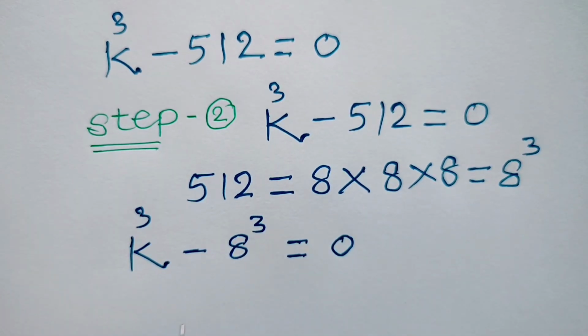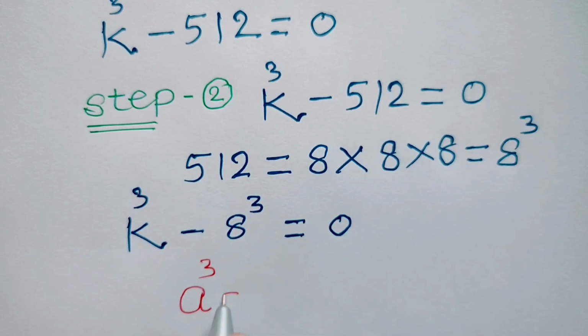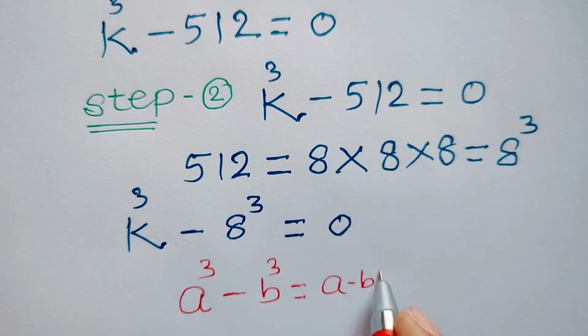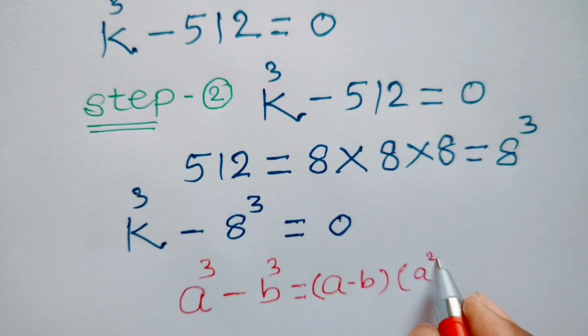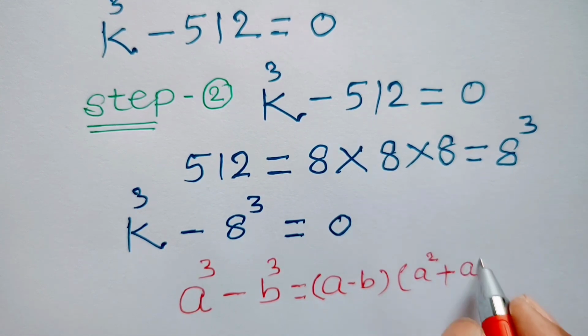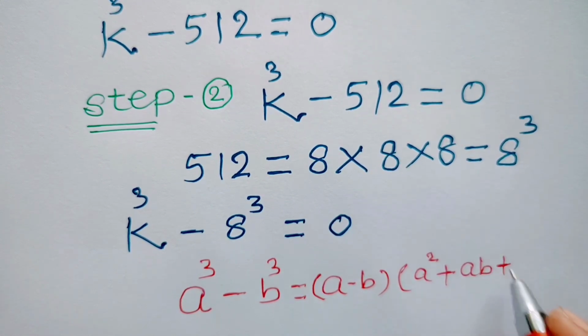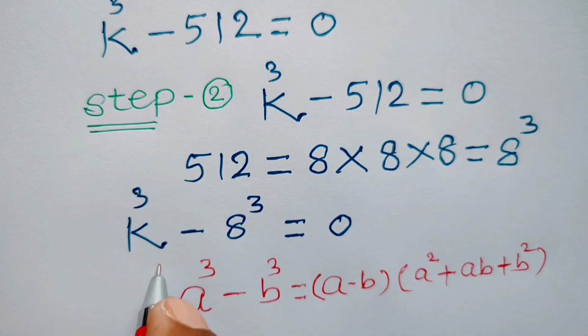Now we have to apply the formula a cube minus b cube is equal to a minus b into a square plus ab plus b square.